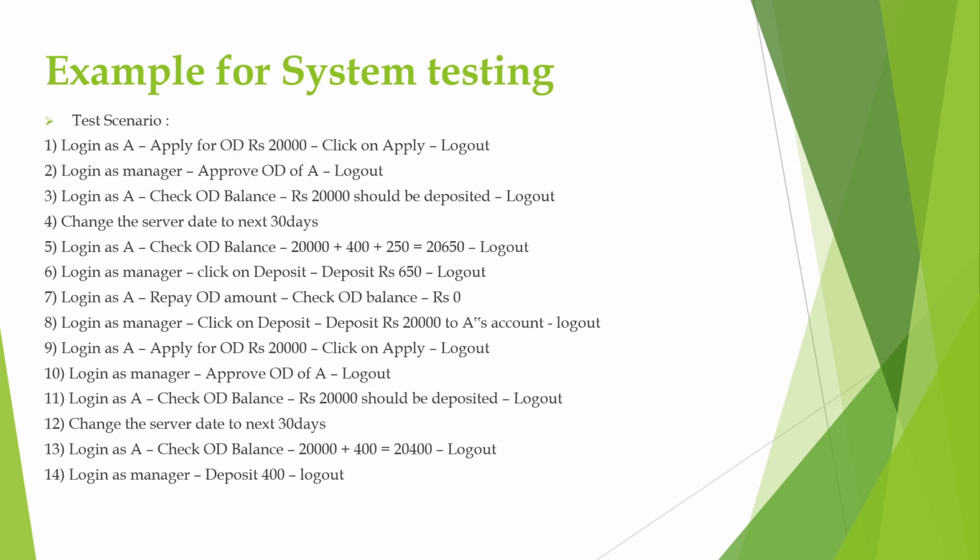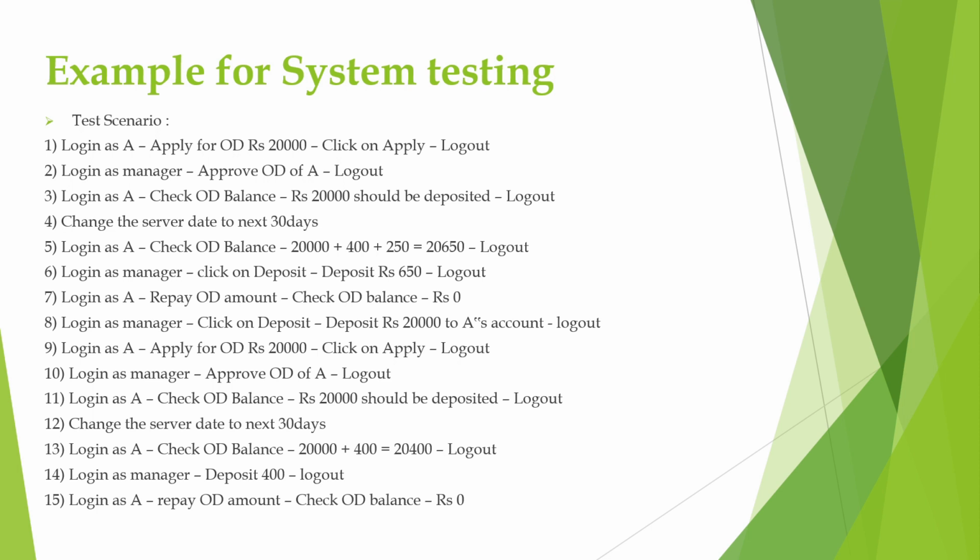Then we'll log in as customer A, we'll repay the overdraft amount, then we'll check the overdraft balance. It should show as rupees 0. If all these cases are working fine, then the system testing is successful.